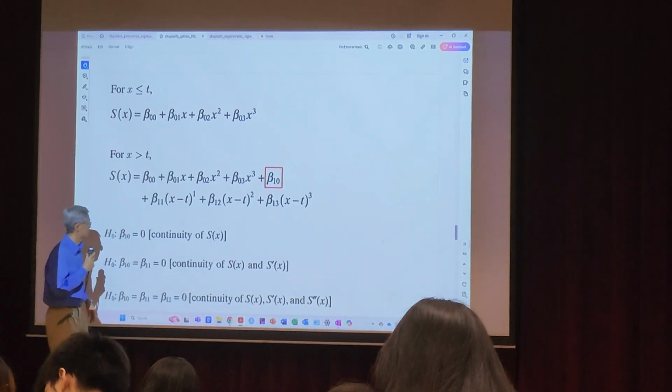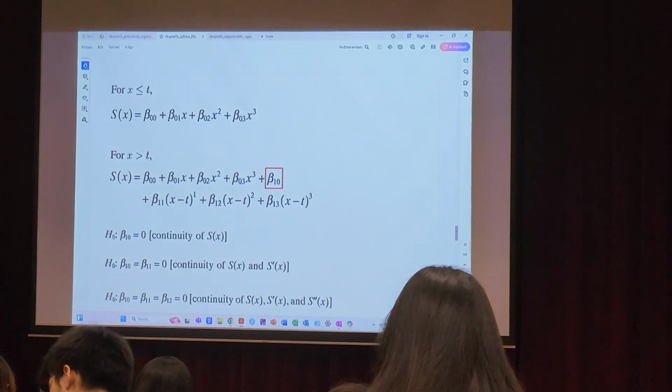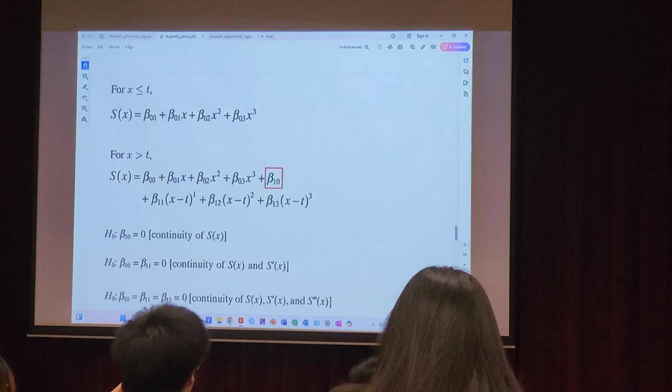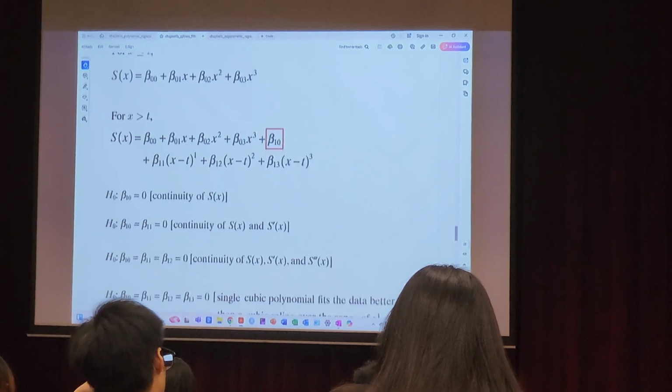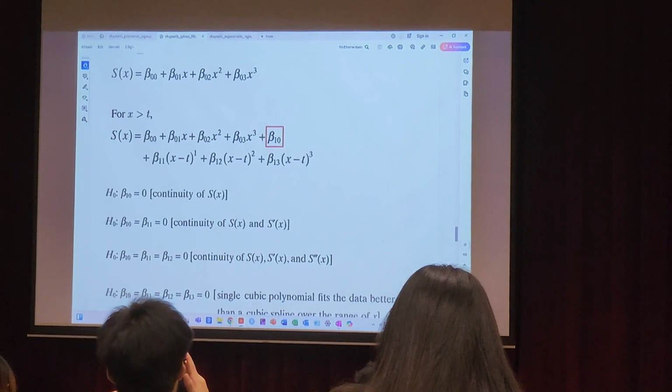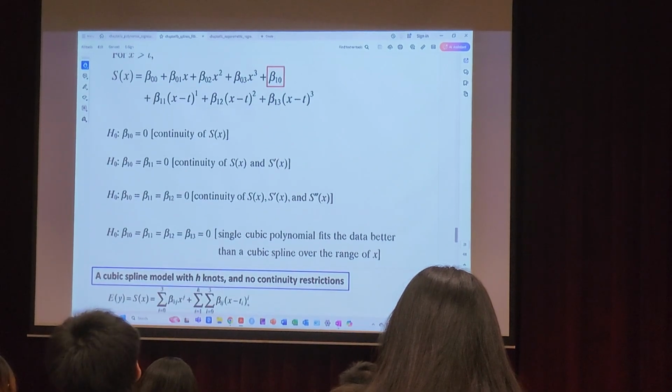Is it 0? If it is 0, it means there's evidence of continuity at this point. So you can test some other things. You can test beta 1, 0 and beta 1, 1. It will imply continuity of S(x) and S'(x), and so on.